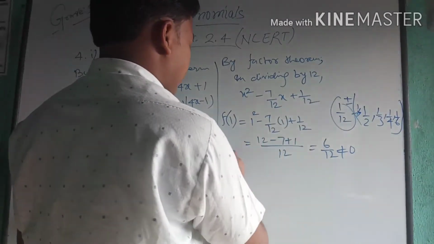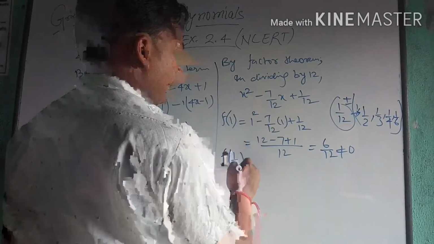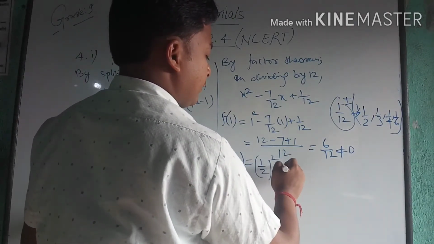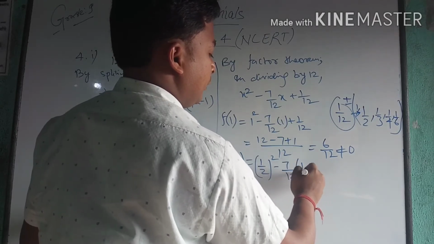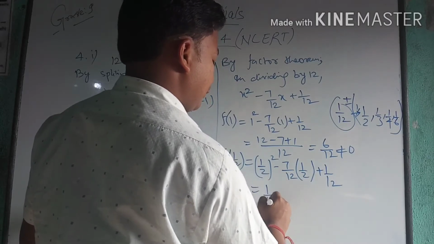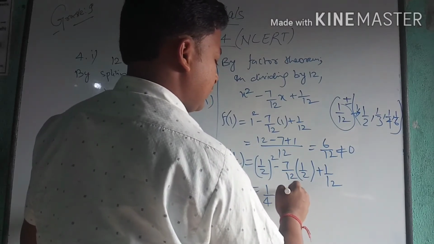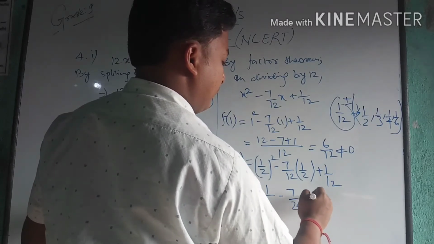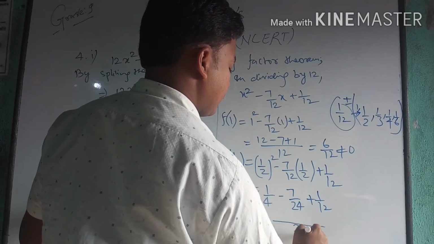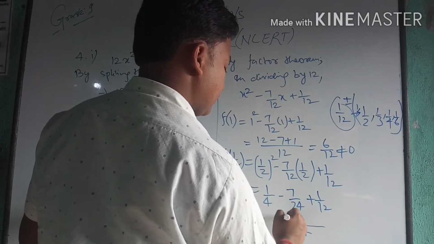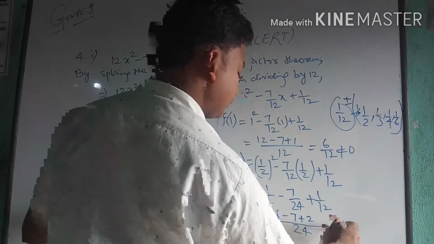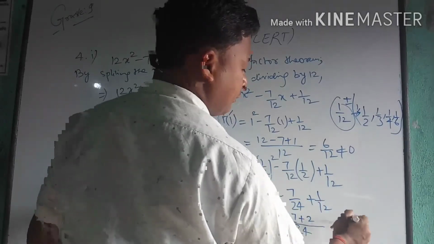If we go for f(1 by 2), 1 by 2 whole square minus 7 by 12 into 1 by 2 plus 1 by 12, 1 by 4 minus 7 by 24 plus 1 by 12, 8 minus 7, 1 by 24.